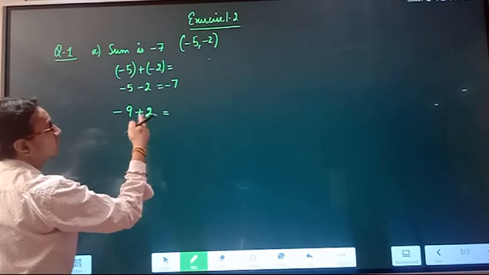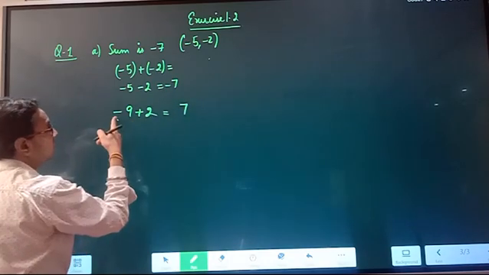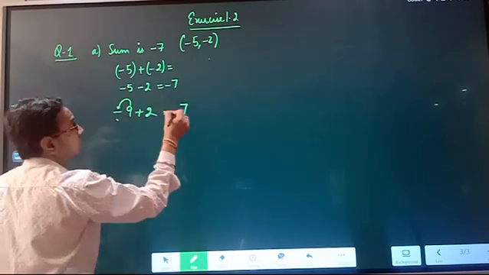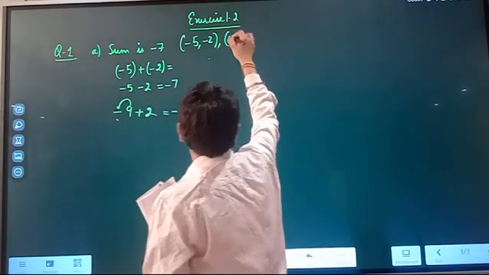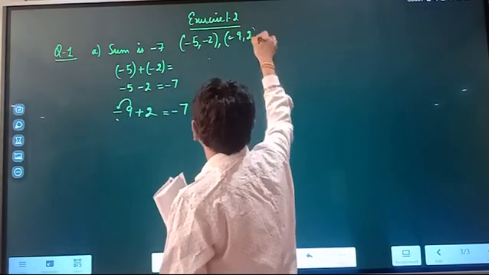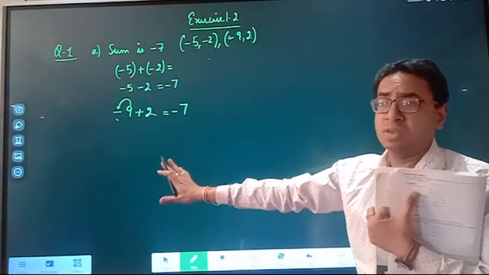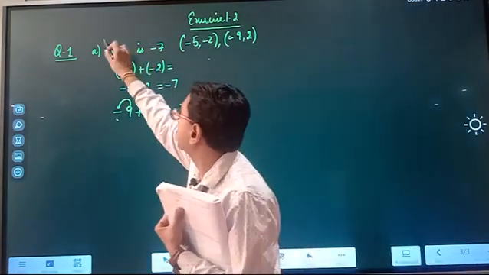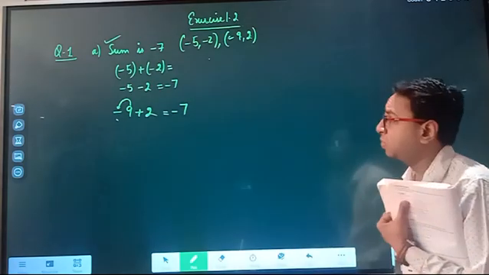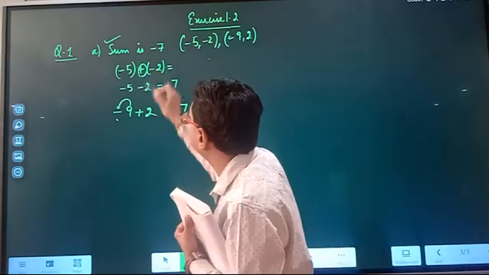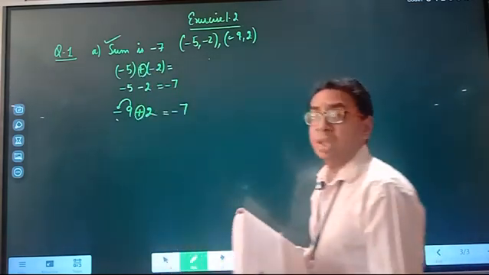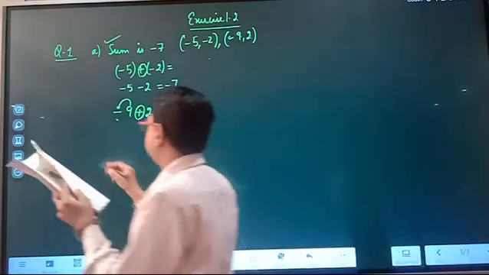Plus minus minus, 9 minus 2, 7. But here since 9 is bigger and the sign is minus, so one more pair is minus 9 and 2. This way you can have any number of pairs for this, whose sum must, not I'm talking about subtraction, I'm talking about sum. That is why I've written plus. Are we clear?